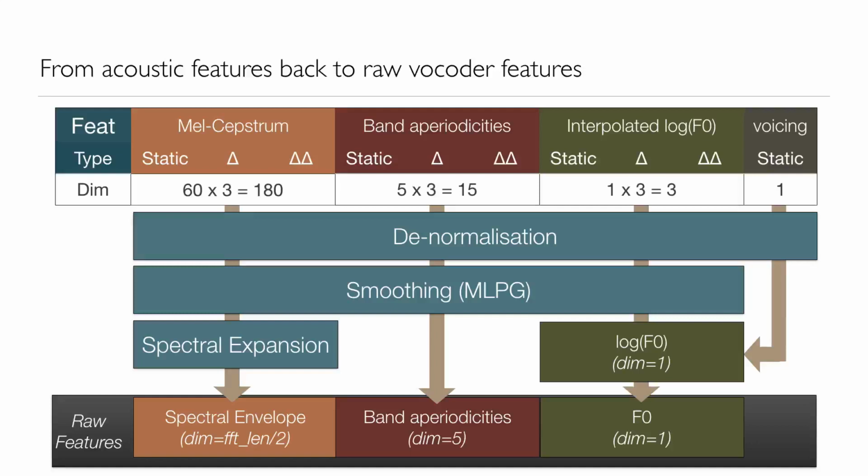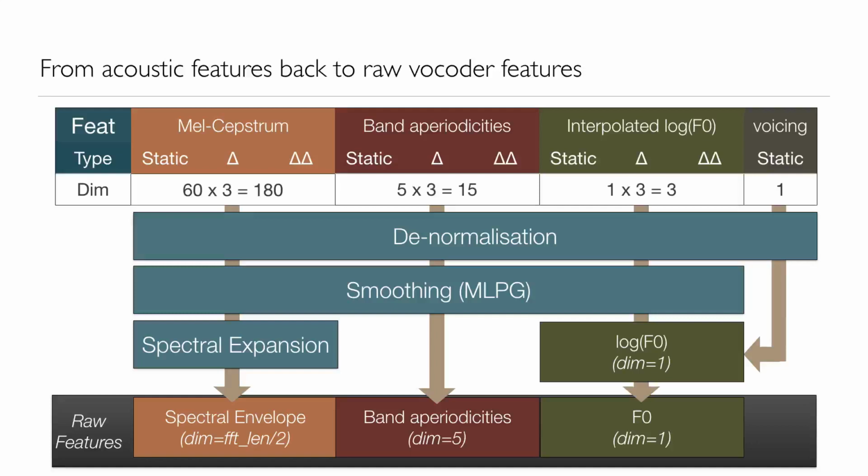Okay, so the first step here is feature engineering, but reverse feature engineering, as we explained in the feature extraction. The first step is to denormalize. We just recover the original ranges of the data.